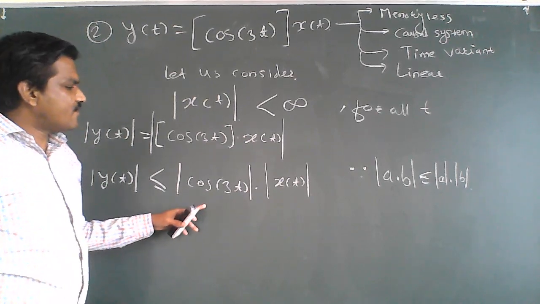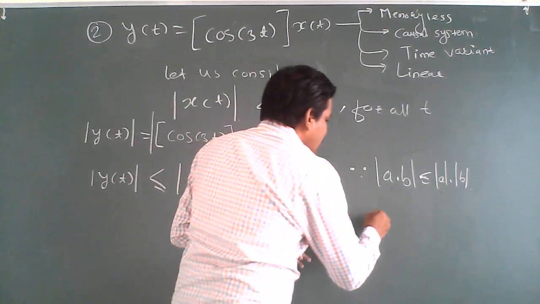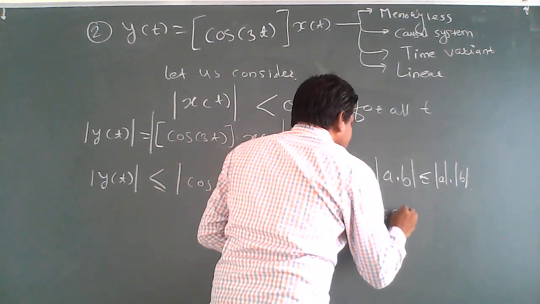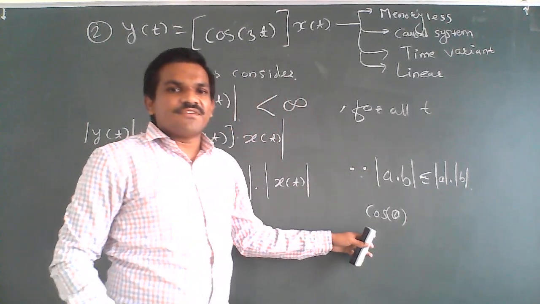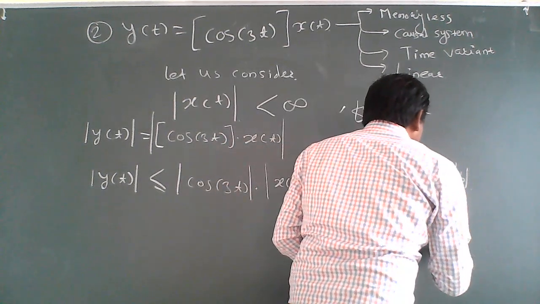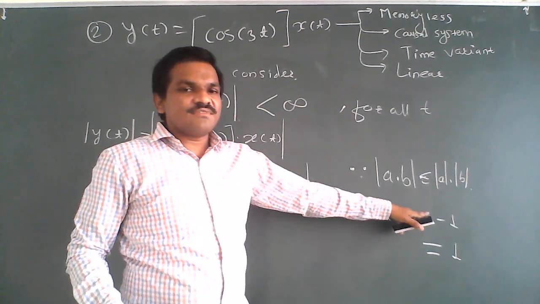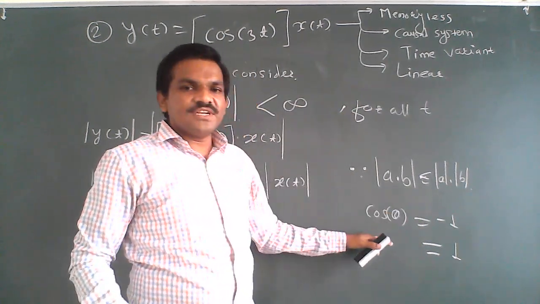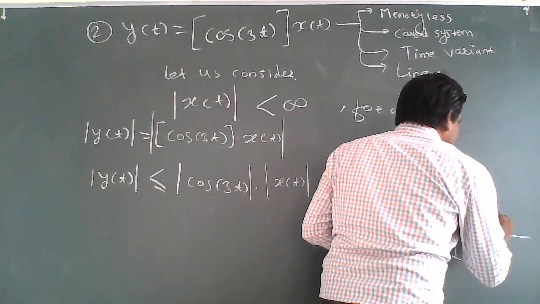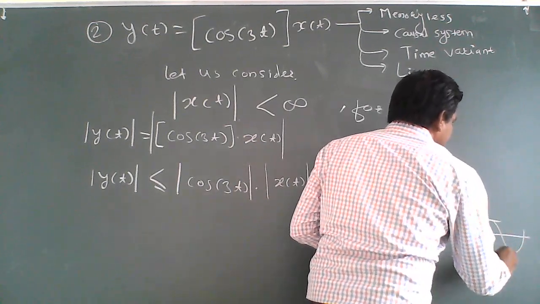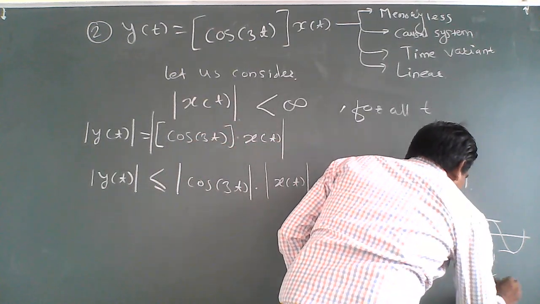Now when we talk about this term cos of 3t, or generally cos of theta, its value goes from -1 to +1 for all thetas.